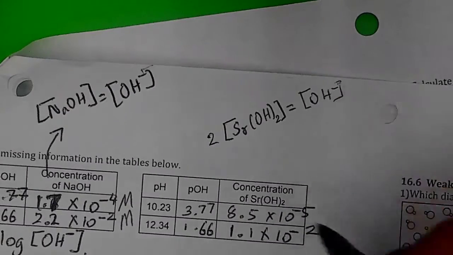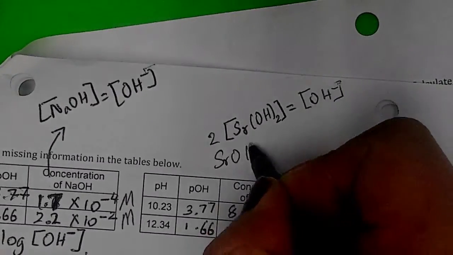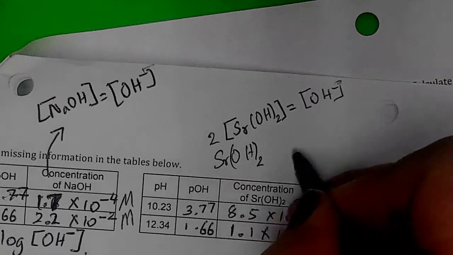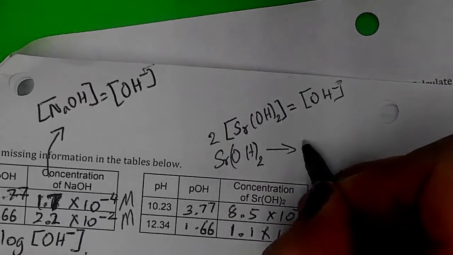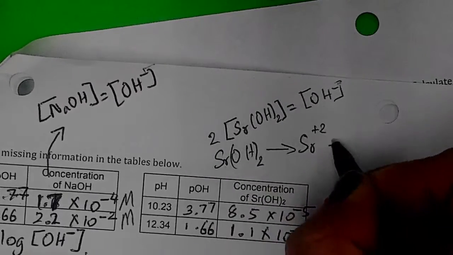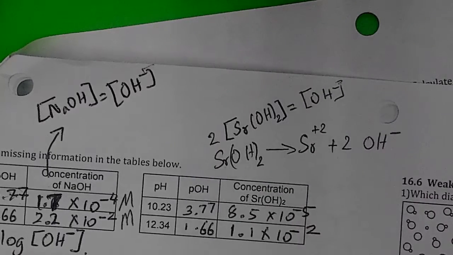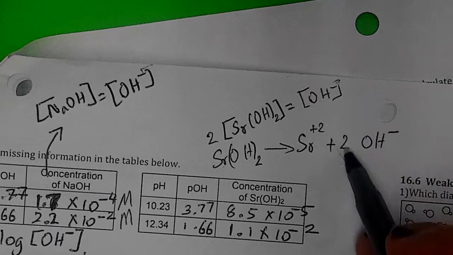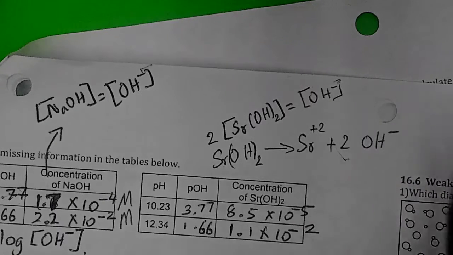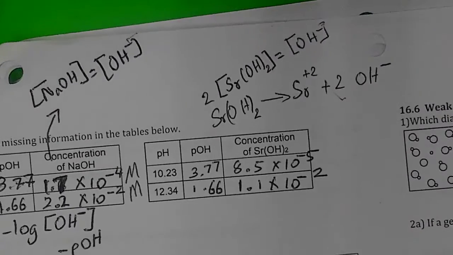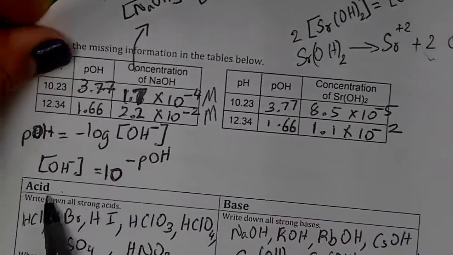Now, this side, I wrote it like this because, take a look at this. You have Sr(OH)2. If it breaks up, what are you going to have? You're going to have Sr 2 plus, and then you're going to have 2 of the OH minus. You guys are multiplying by 2 because you see this 2. But guess the answer that you guys get. When you do this equation, you are getting OH minus.